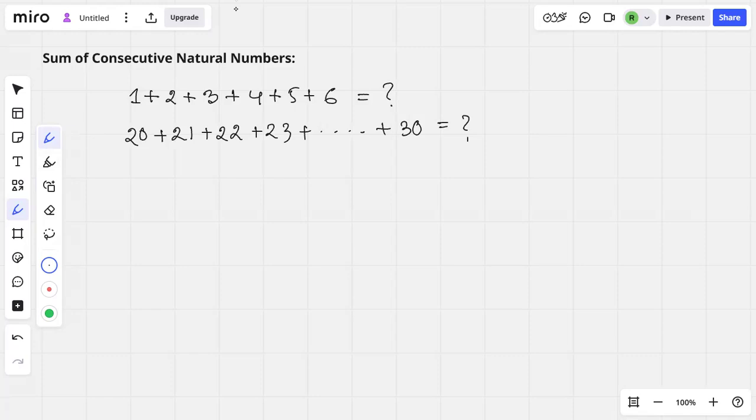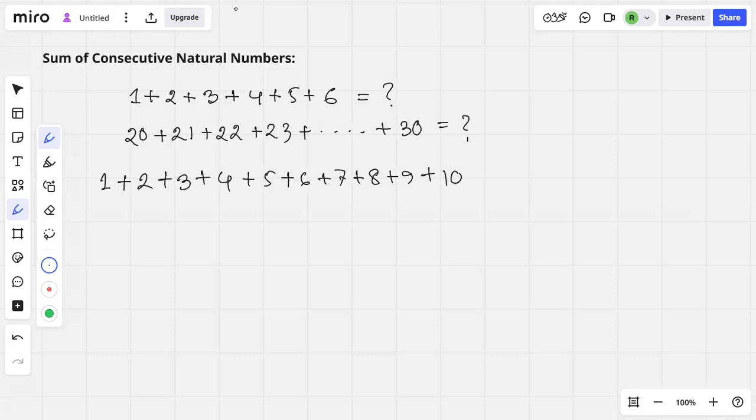Let's take it for example. Our task is 1 plus 2 plus 3 plus 4 plus 5 plus 6 plus 7 plus 8 plus 9 plus 10, to find the sum of this series from 1 all the way to 10.